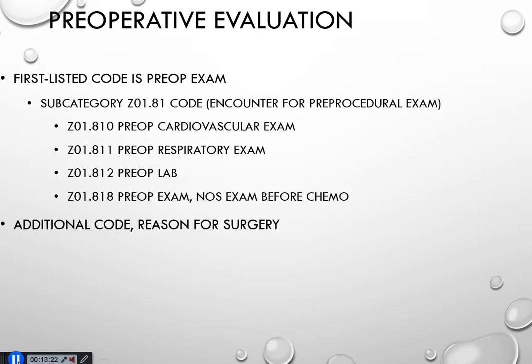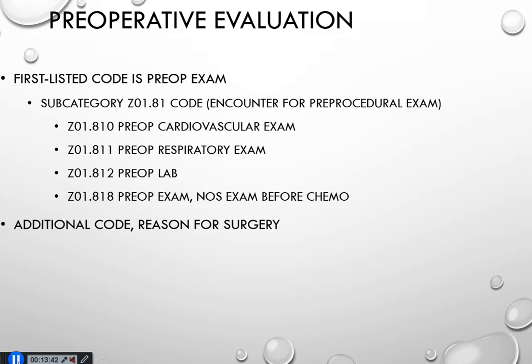For patients that are receiving a preoperative evaluation only, you're going to sequence first a code from subcategory Z01.81, and then it's broken down into exactly what type of preoperative evaluation is being done.